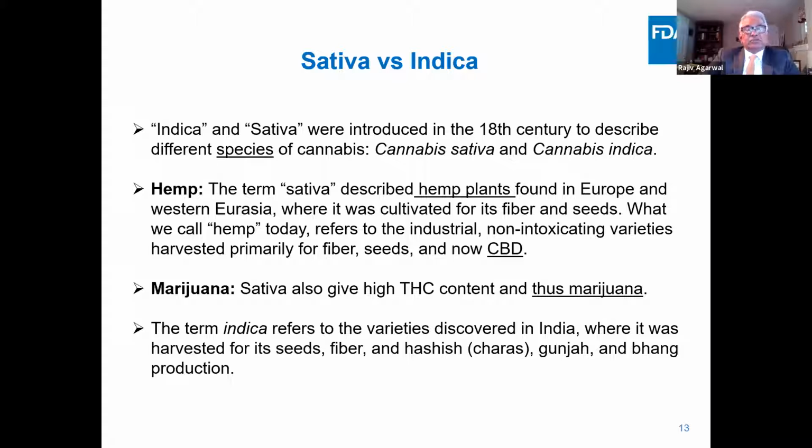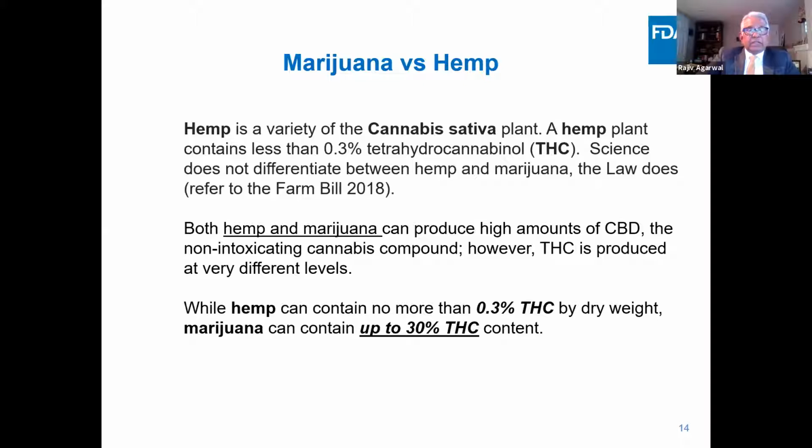So those are the different definitions that you would see, what is popular around the world in terms of what has been used and how it was used, as a consumer product or as a medicinal product.